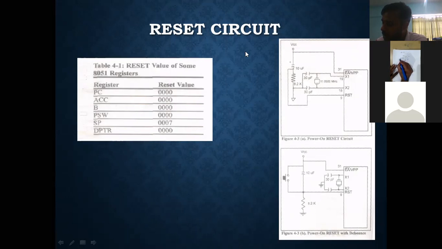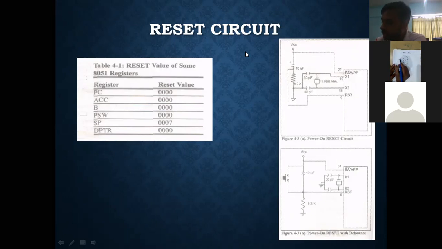Whenever this switch is disconnected, the current flows this way, but this capacitor only charges. So at this point there is 0 volts, so that is unconnected kind of thing.